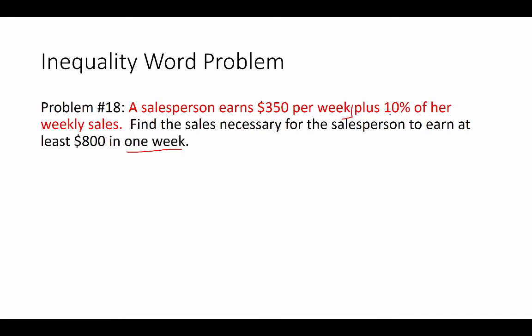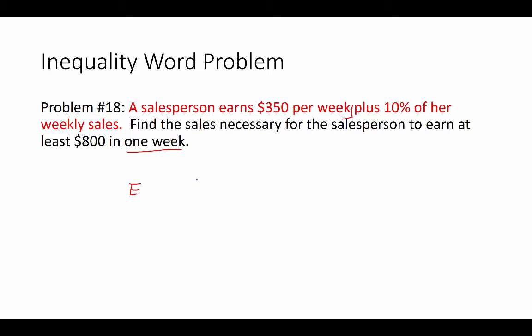Well, let's see the 10% of her sales. So she obviously has commission. Each sale she makes, she's going to make 10% out of it. As long as you understand that, that's good. So those are the givens. If I have to translate that, say E equals earning.